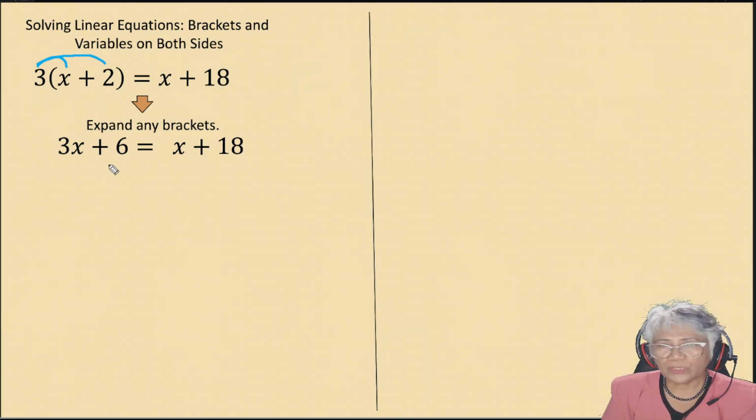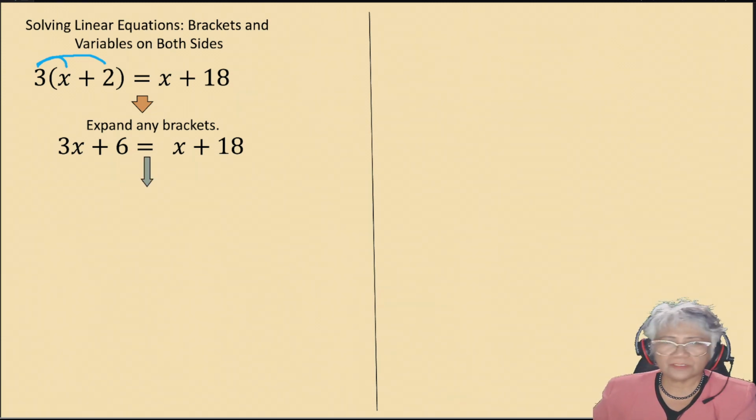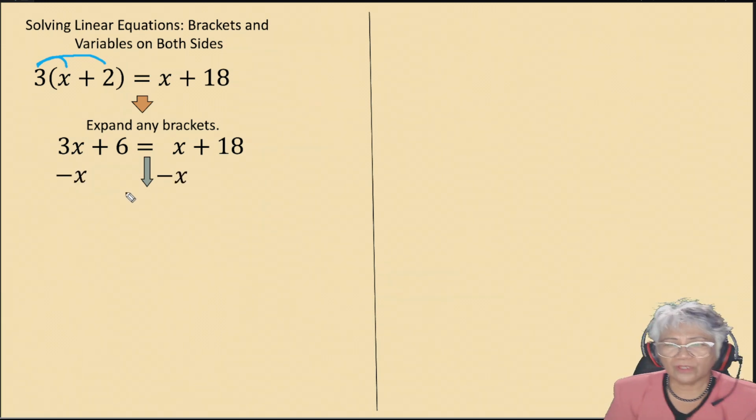So you can do either way, which one you want to get rid of first, 6 or x. It doesn't matter. So in this case, we want to remove the x on the right side. So we're going to use the opposite operation or inverse operation, negative x. And we have a negative x as well on the left side.